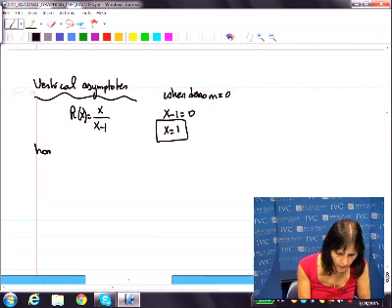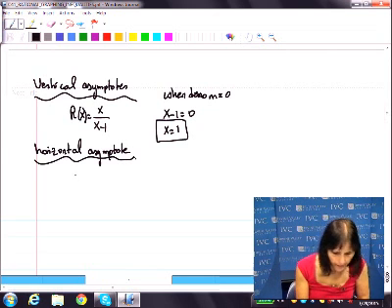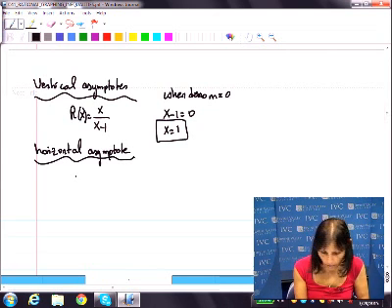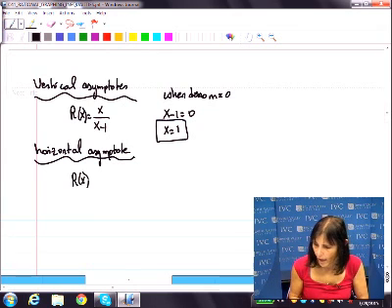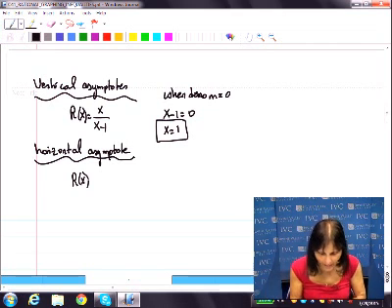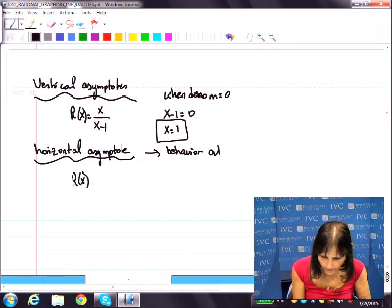What about a horizontal asymptote? Again, if you have an r of x, you have a horizontal asymptote, or something that's like the behavior of that function at negative infinity and positive infinity.